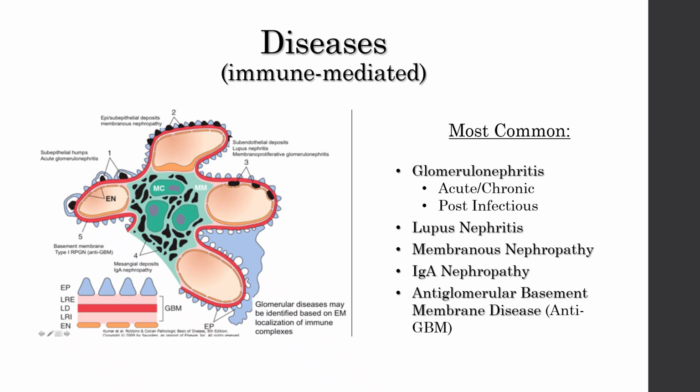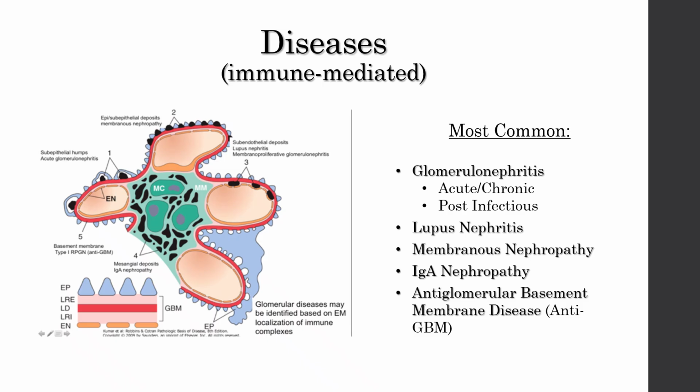So common immune-mediated renal disease includes glomerulonephritis, acute or chronic, and this is often post-infectious. Lupus nephritis, membranous nephropathy, IgA nephropathy, and antiglomerular basement membrane disease, or anti-GBM.